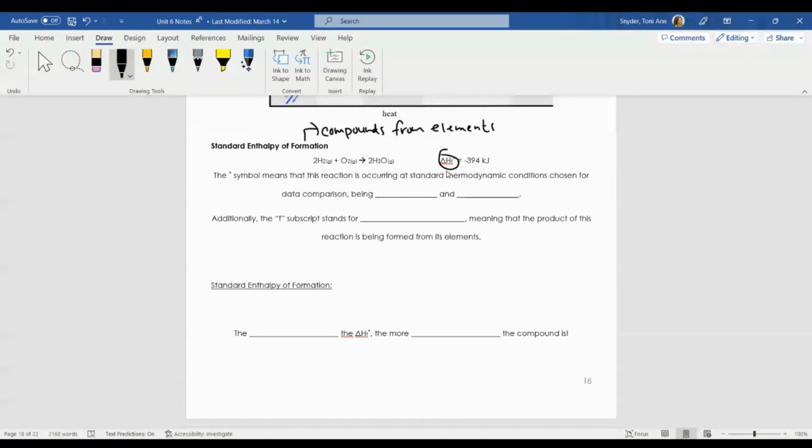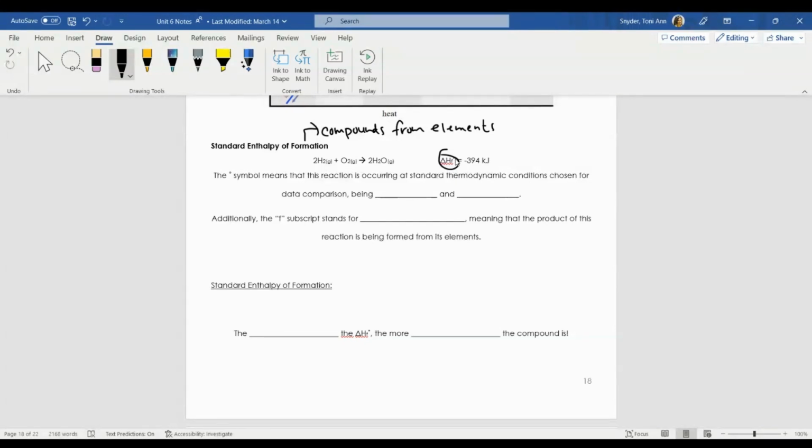And we call that the standard enthalpy of formation. So the change, of course, is the change in the enthalpy. The H is enthalpy. This F stands for formation. So it's just the formation of the compound from its elements.